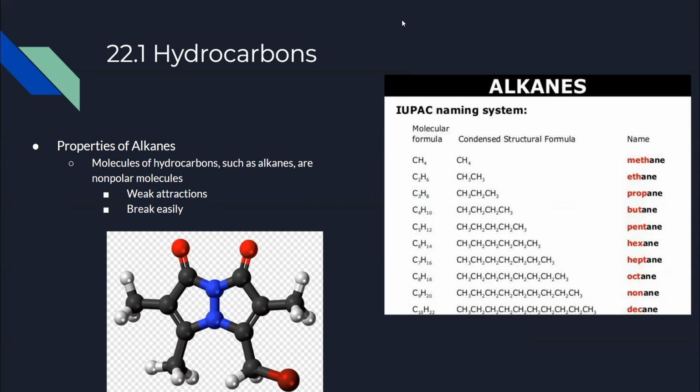And this is all of the condensed structural formulas of the most important alkanes. It's CH4, C2, C3, C4, C5, C6, C7, C8, C9, C10. That's done by using meth, eth, prop, but, pent, hex, hept, oct, non, dec. So you just have to use all of these.